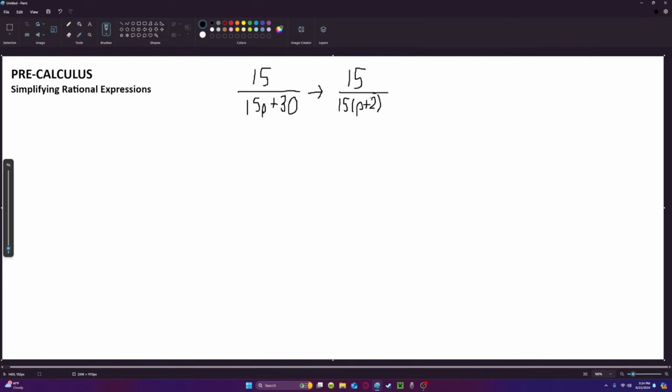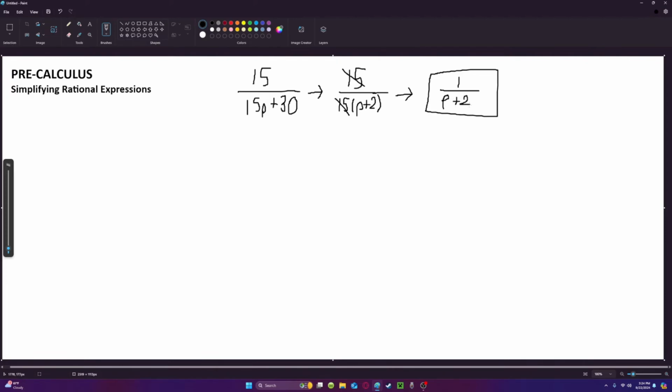Now these two just cancel out, and because this p plus 2 is on the bottom, our final answer would be 1 over p plus 2.